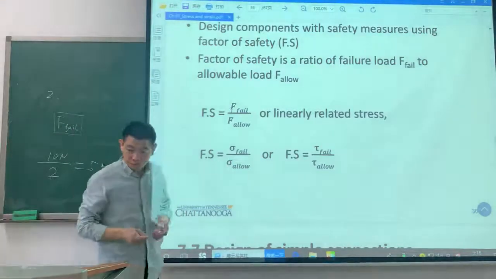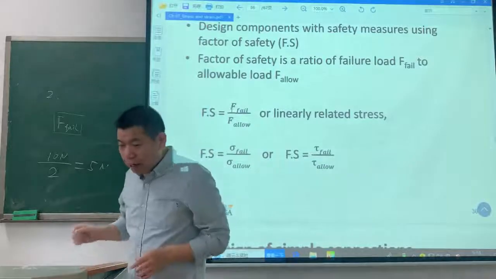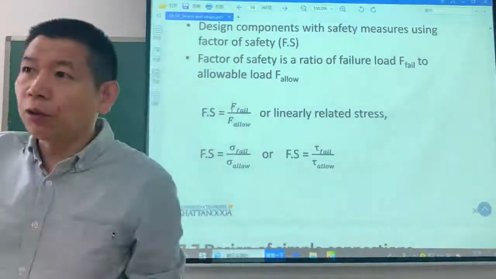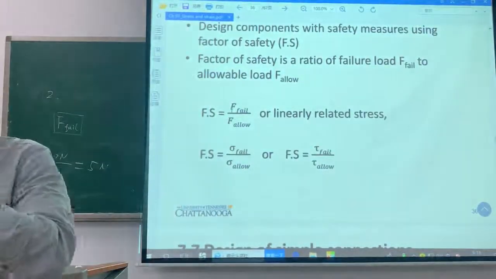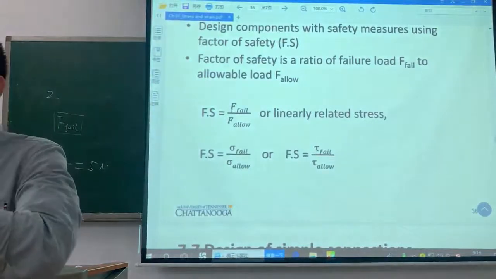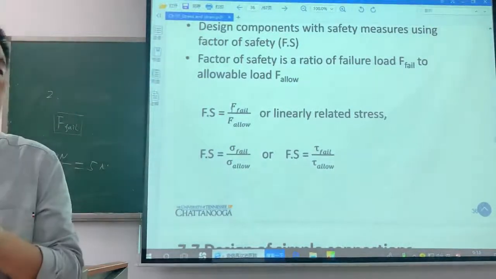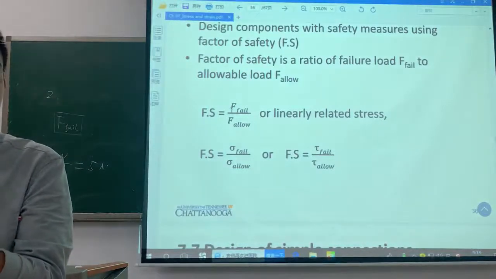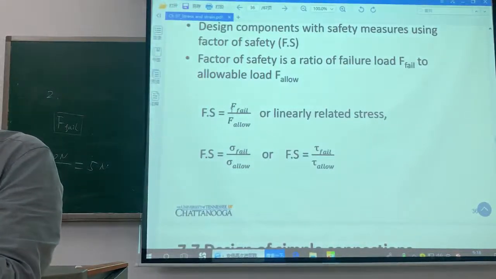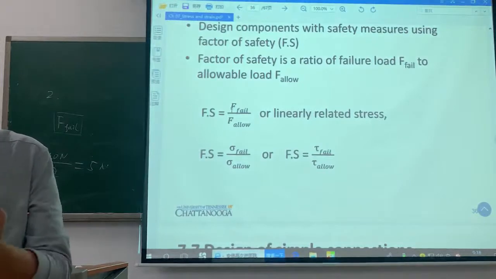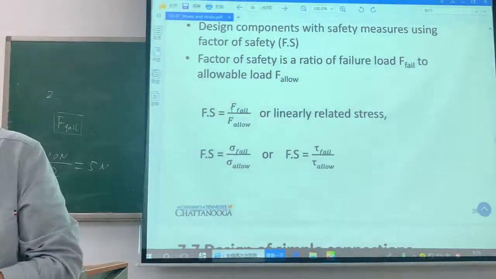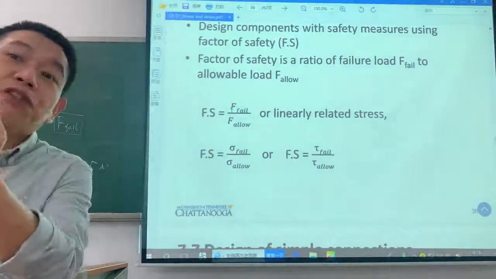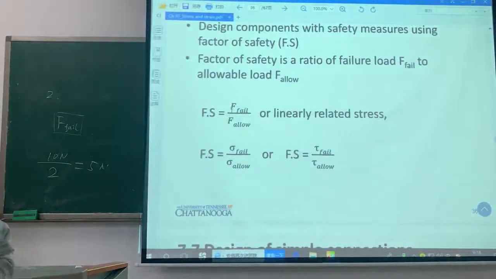It means by experiment, when the loading is 10 Newton, it will be broken. In engineering practice, we only allow the loading to be smaller than 5 Newton. In this way, the chalk will be safe.